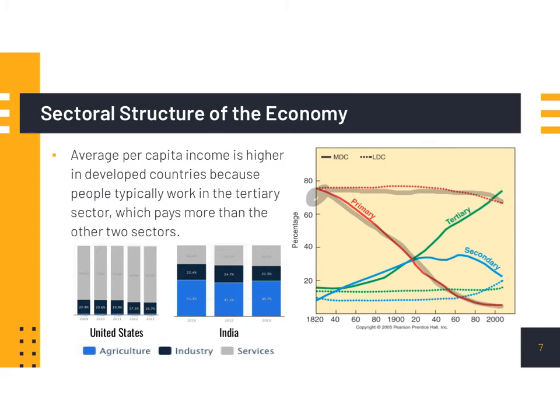So if you look at the United States, in 2009, we had about 20% of the people working in industry. So we're talking about manufacturing where they're putting things together and creating a product. And then you have that tiny sliver, you can't even see it, but that's agriculture because we have about 2% of the people working in agriculture.